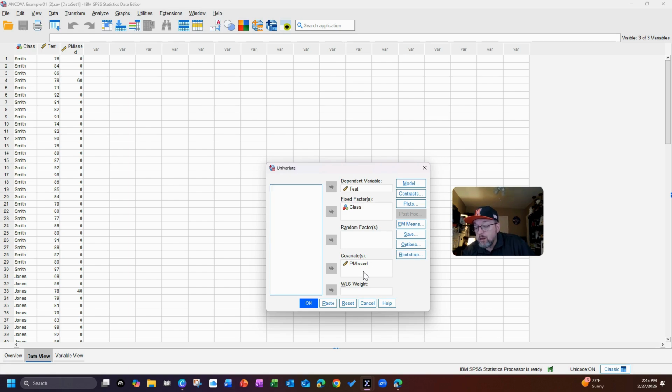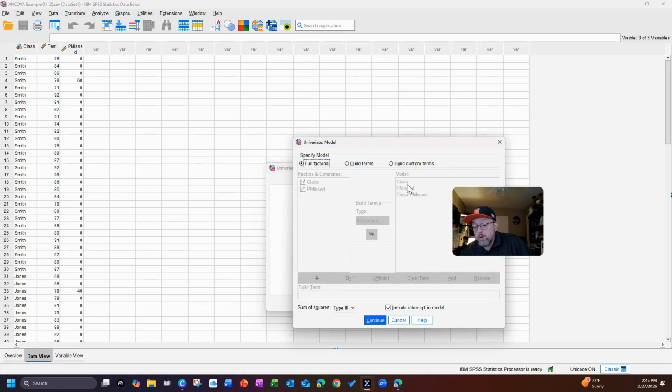Then I clicked on Model, and I want to switch to build custom terms. I added class first by doing this right here and then hitting add. Then I put periods missed in the same way.